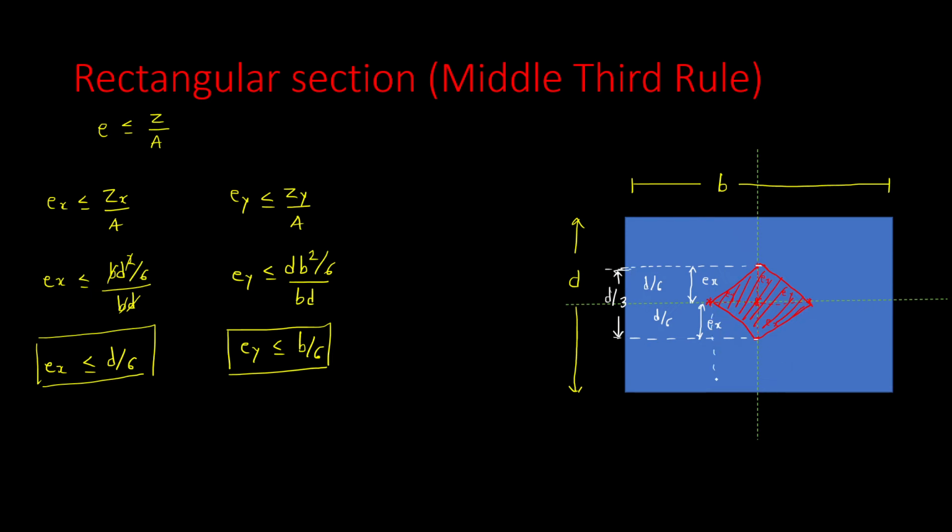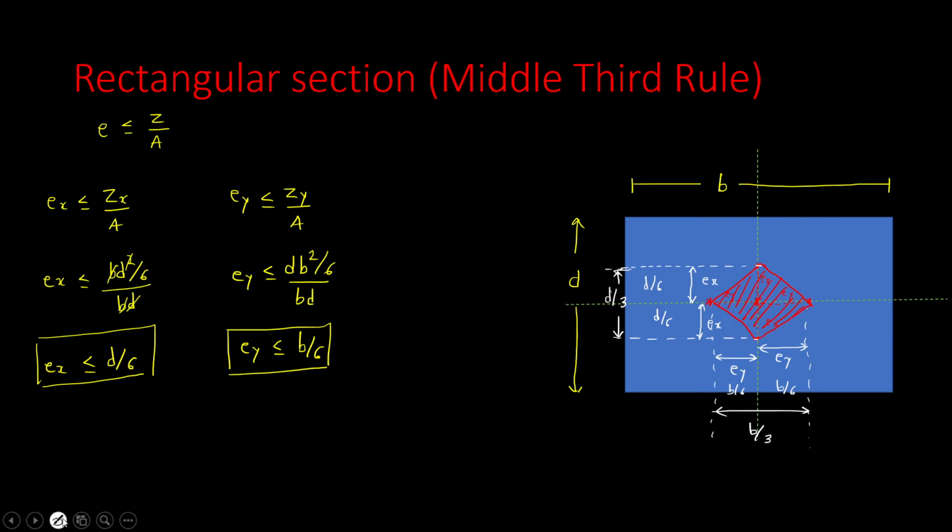Similarly, when we look at the y-axis, this distance is ey. Similarly this is also ey. What is the maximum value of ey? B by 6. This is also b by 6. So if we add this b by 6 and b by 6, the total value we'll get is b by 3.